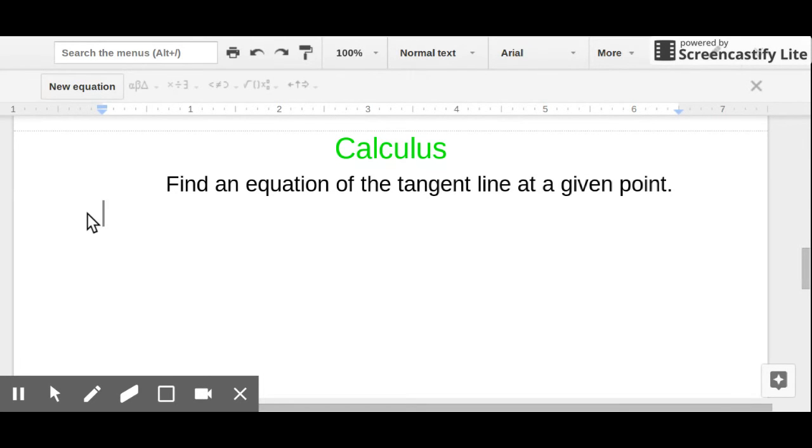We'll call our function r. R of x is equal to x minus 2.